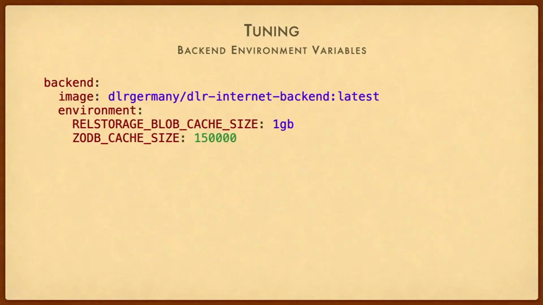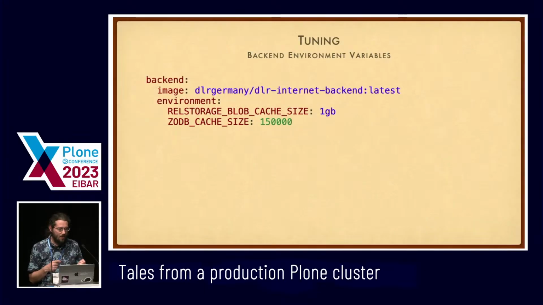We're also changing the ZODB cache size, which is how many objects can be stored in the ZODB cache. This has a big impact on how much RAM your backends use. It also has a big impact on performance, because if you're doing a catalog query and you have to fetch all these indexes from the ZODB, if you have them locally in the cache, it's going to be a lot faster than if you're having to get it from Postgres.